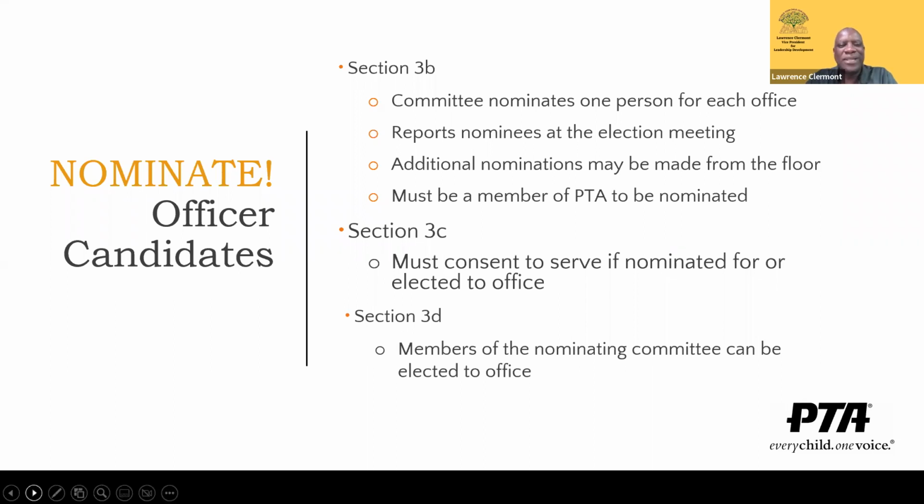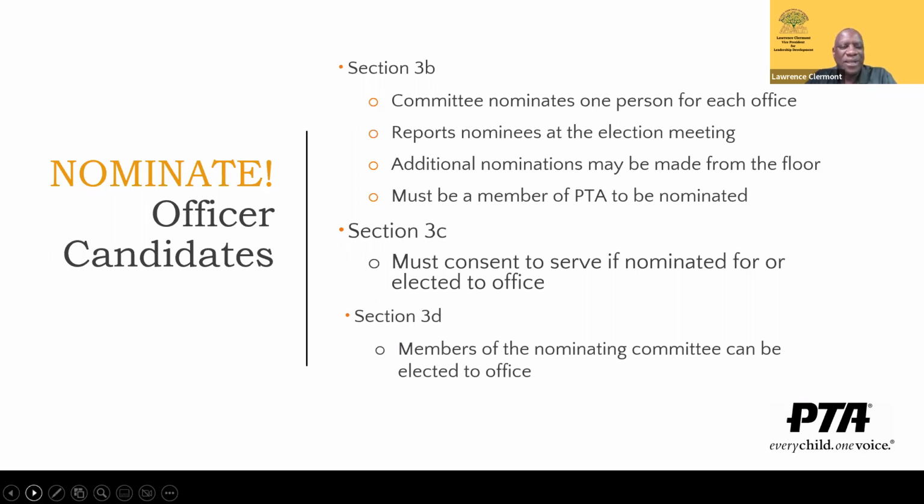This is to ensure that they know which positions they are selecting candidates for. The nominating committee then reports out at the election meeting, where they're reporting out the slate of candidates. During that meeting, additional nominations may be made from the floor, and you must be a member of the PTA to be nominated.